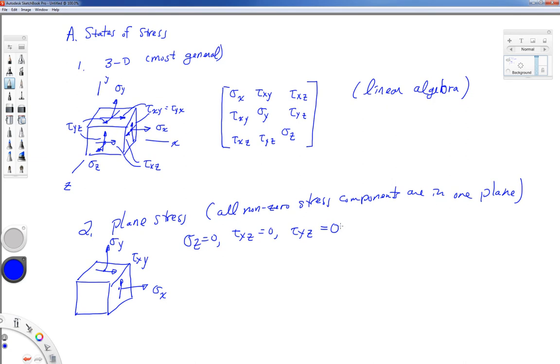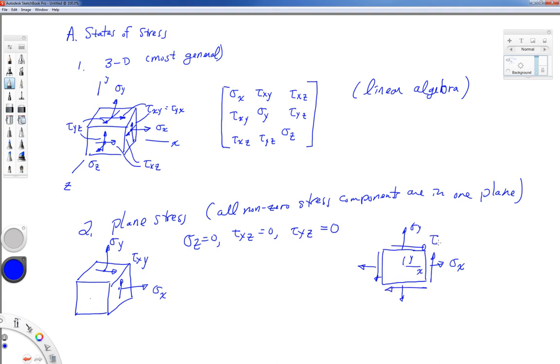So another way that we'll sometimes draw this stress state, like I drew on the first slide, is if I look down the z-axis at this face right here, I have my X and my Y coordinate system, and then I have my non-zero stress components, sigma X, sigma Y, and tau XY.